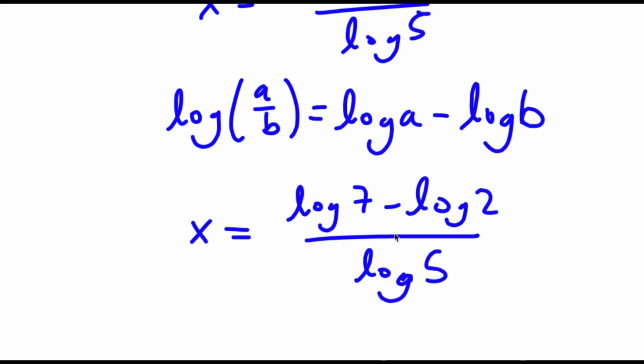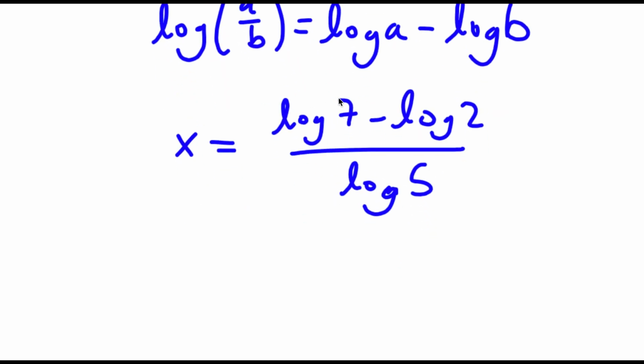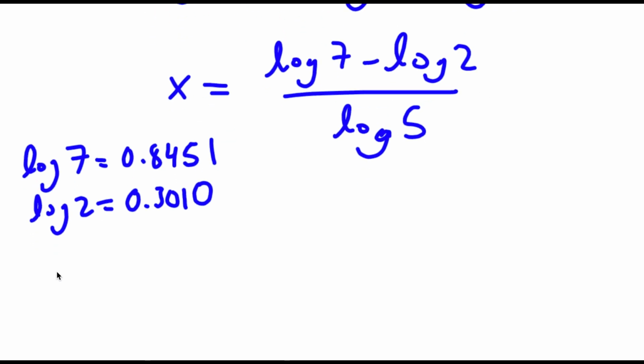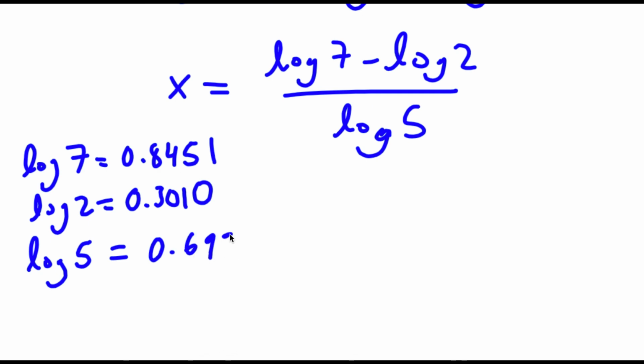So now that this is all simplified, all we need to do is plug in the values of log 7, log 2, and log 5. So log 7 is equal to 0.8451. Log 2 is equal to 0.3010. And log 5 is equal to 0.6990.